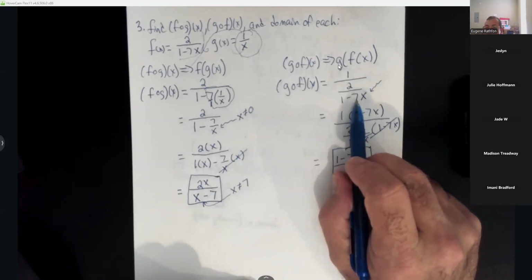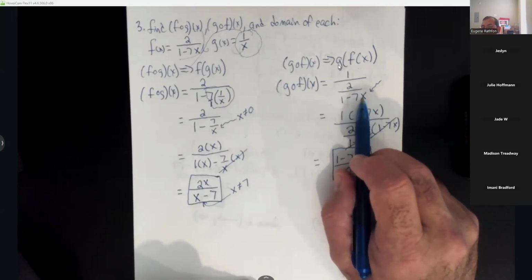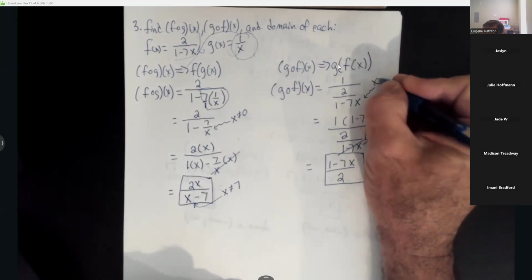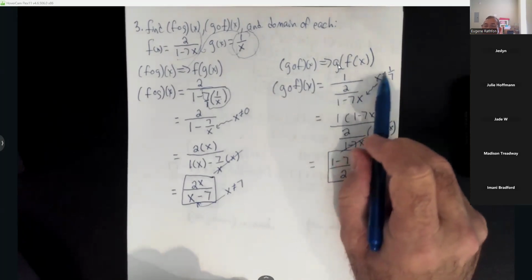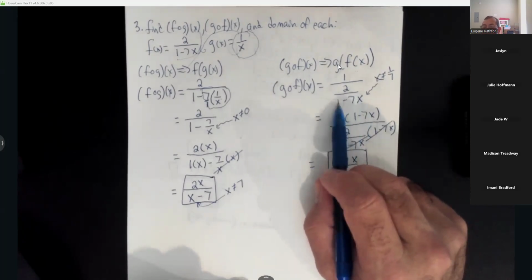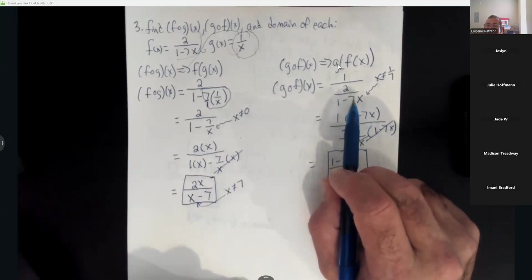So, since this is 1 minus 7x, the only number this x cannot be, x cannot equal a 1 over 7. Because if x was 1 over 7, the 7's would cancel, and you would have 1 minus 1, which would make that a 0.